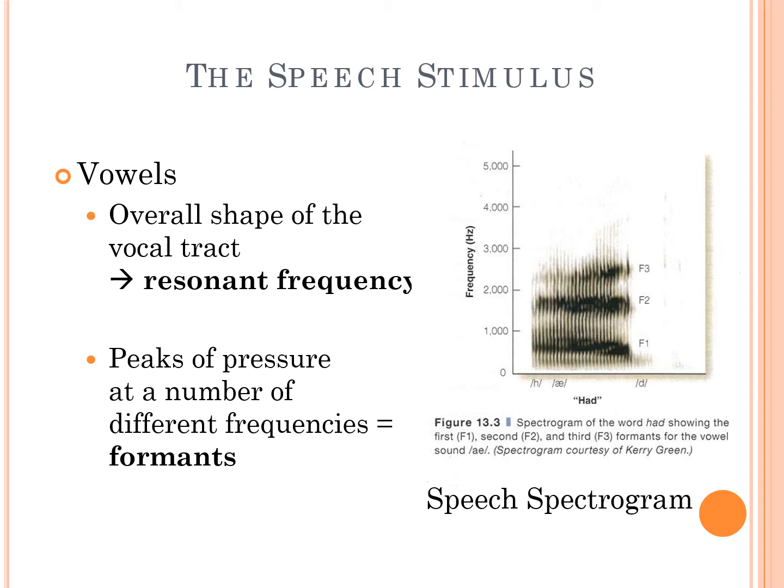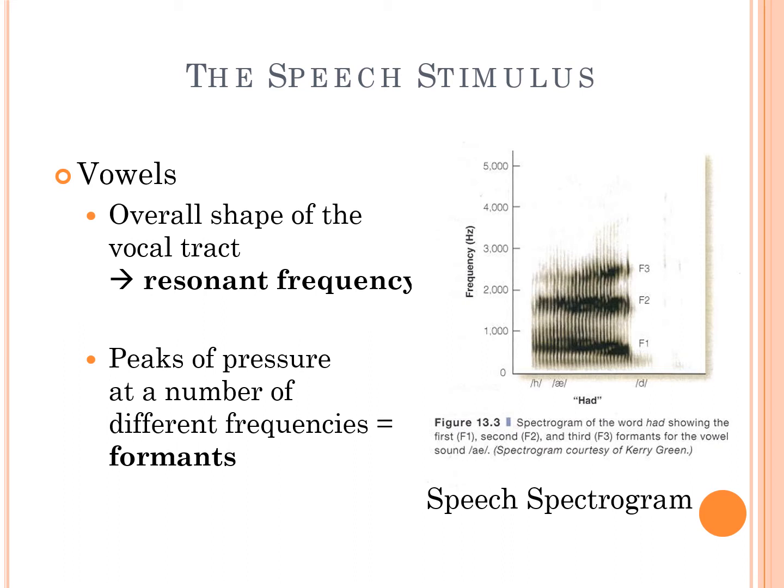So I'm going to approximate here, but we can see that the first formant, as it is called, is labeled there F1. We see more amplitude there at about 800 hertz. The second formant is at about 1800 hertz, where again we see slightly more amplitude of that frequency as I'm saying "had." And then formant 3 is up there at about 2300 hertz.